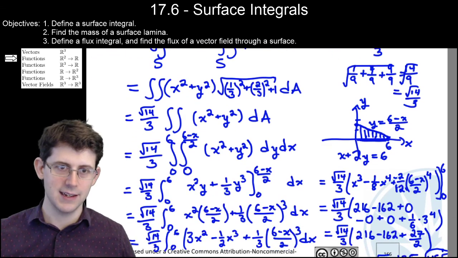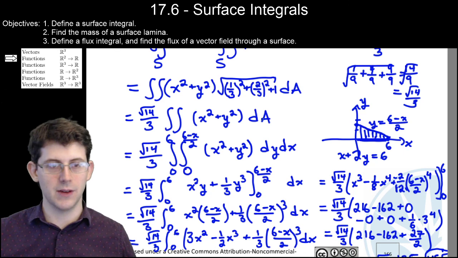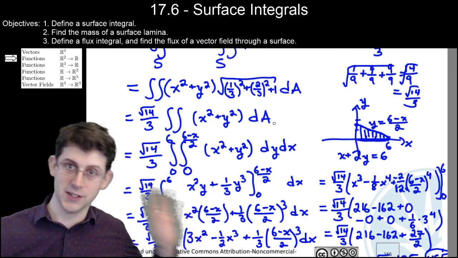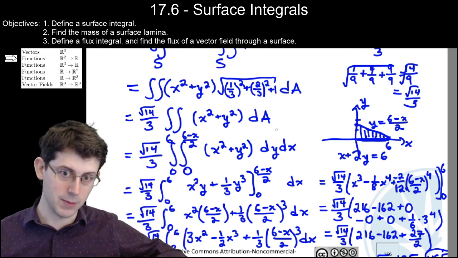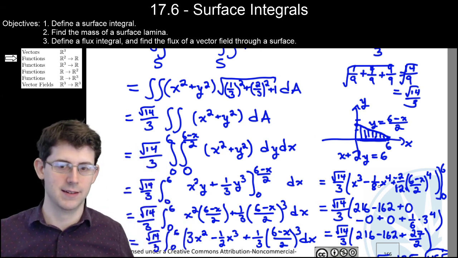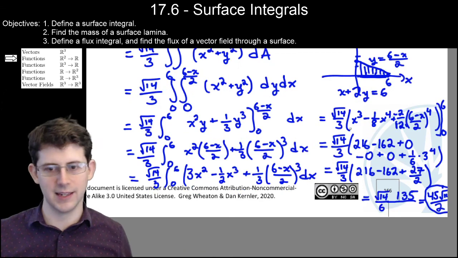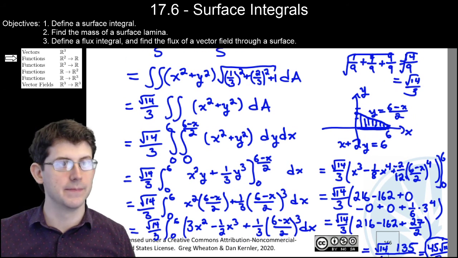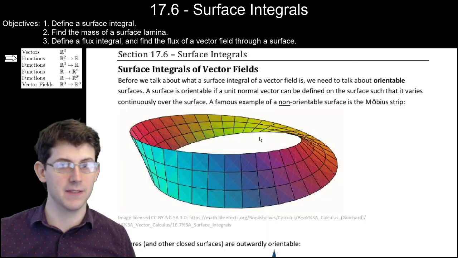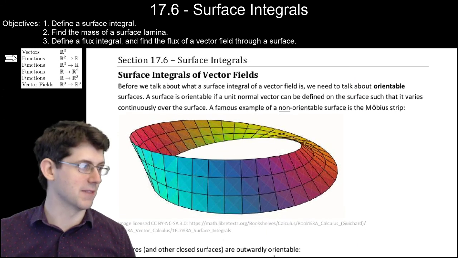In that case, you get everything in terms of dA immediately, and then all the work you have to do is the work from the double integrals section, which was, I don't know, long ago at this point, which was look in the xy plane to get your bounds. Then the integral ends up being a total mess, but whatever. Okay. Hopefully you got the point, even though we spent a whole bunch of time on the stuff that wasn't important.